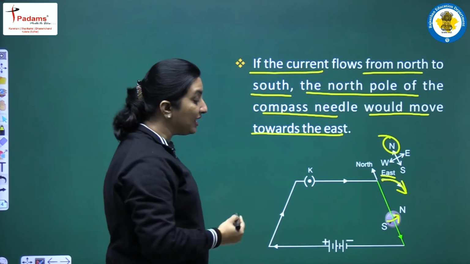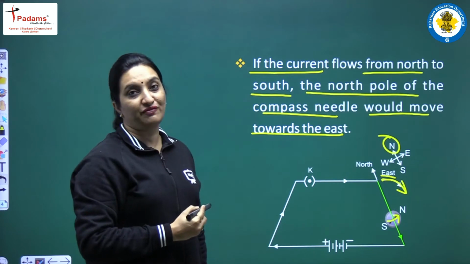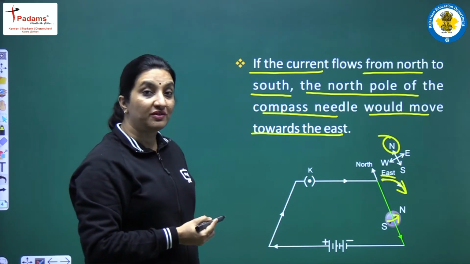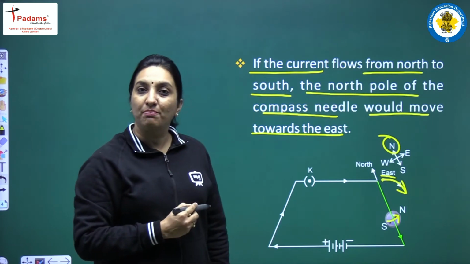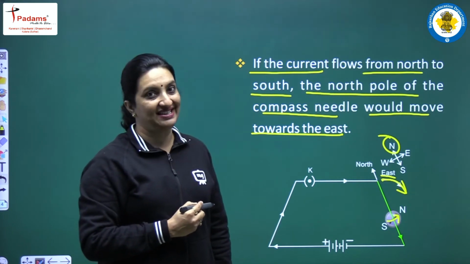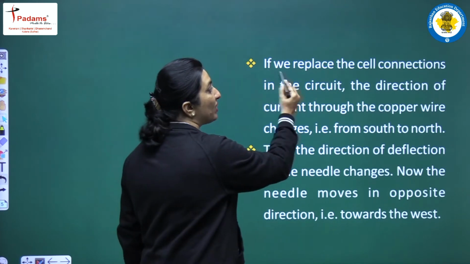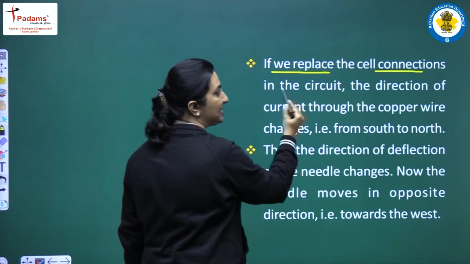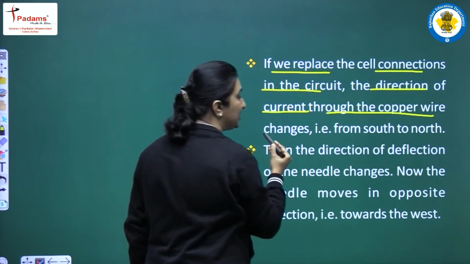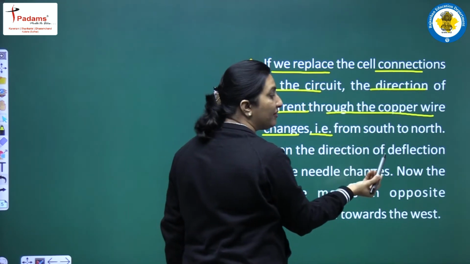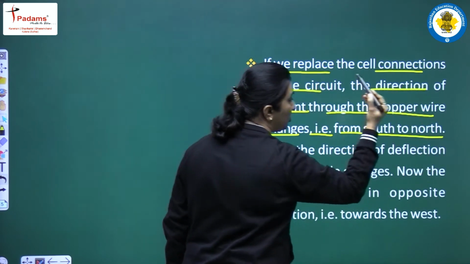Now if we reverse the direction of the battery, then what do we observe? That the direction of current reverses. So does the direction of the compass needle also get reversed? Yes. If we change the connections of the battery in the circuit, the direction of current through the copper wire changes. That is, now the current will flow from south to north.